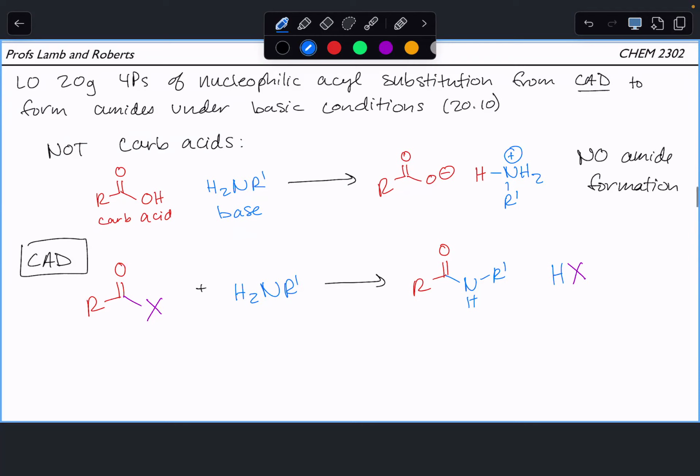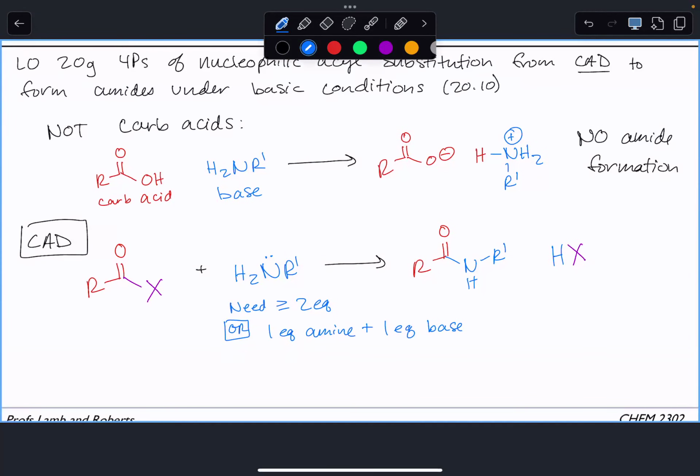You need at least 2 equivalents of your amine so that one equivalent can act as a base, or you can have 1 equivalent of your amine plus 1 equivalent of a different base. Either is fine. We've actually already seen examples of both. On Friday, I went through both of those examples.